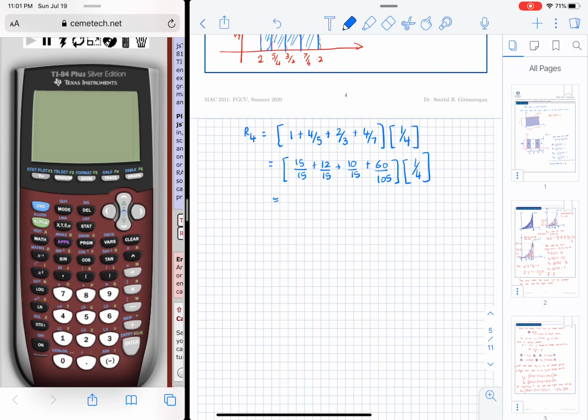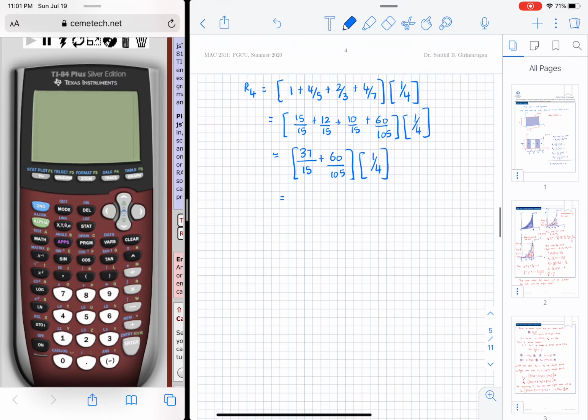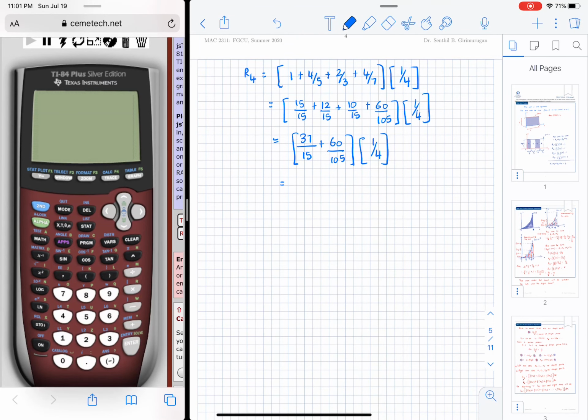So if we combine those terms, we have 37 divided by 15. We need to have a common denominator. So I'm going to multiply and divide by 7.